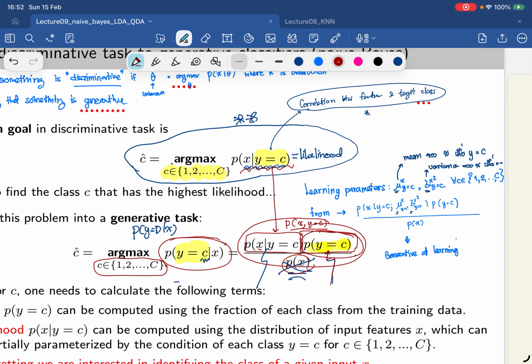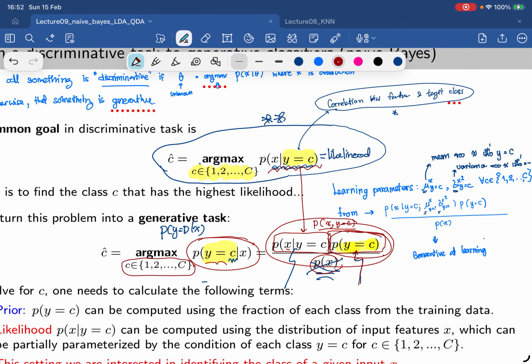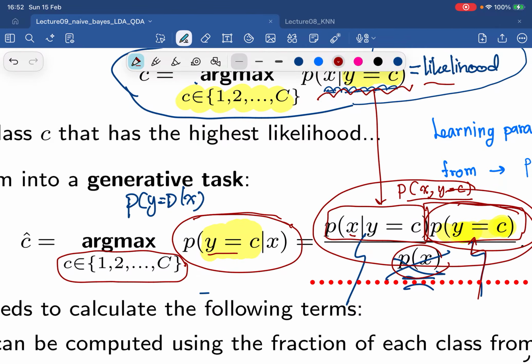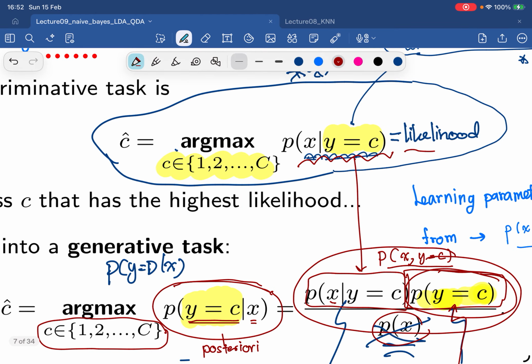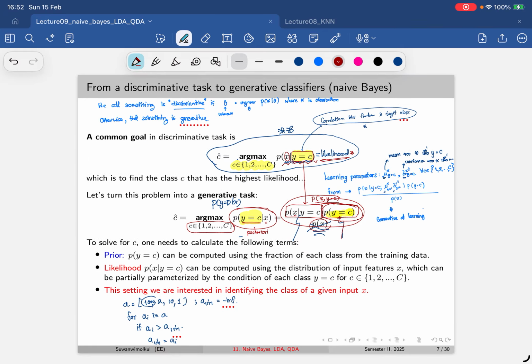I know some of you would feel like, but this looks very similar to the likelihood. We call this probability a posteriori when we consider the probability of the unknown given the observation. But when we consider the probability of the observation given our target variable, this is the likelihood. That's the difference between the two.